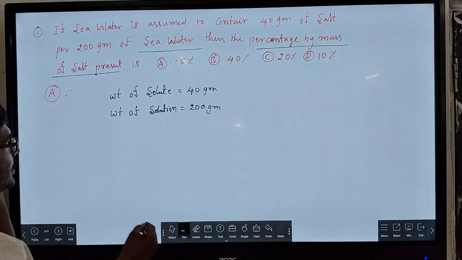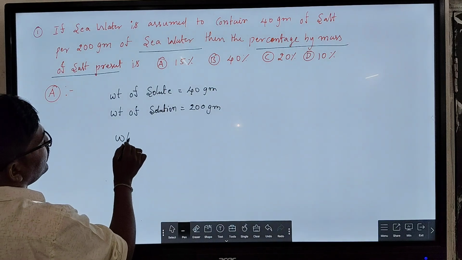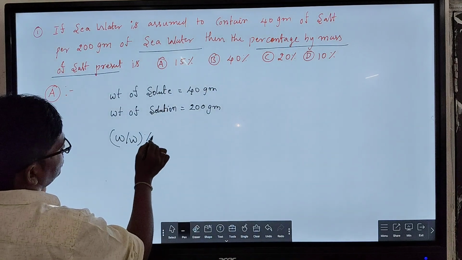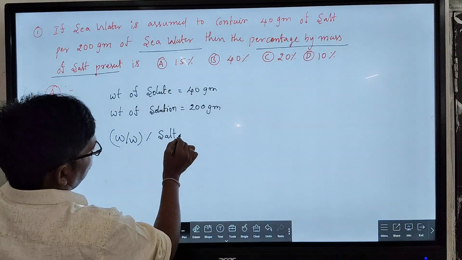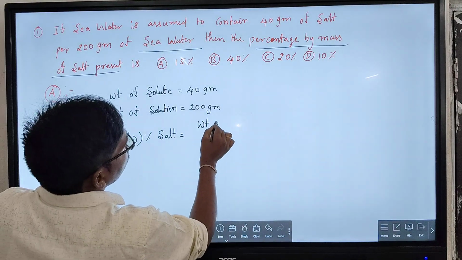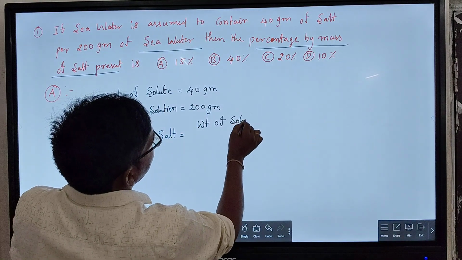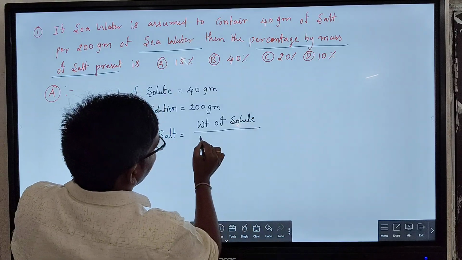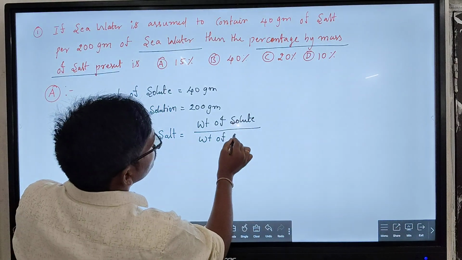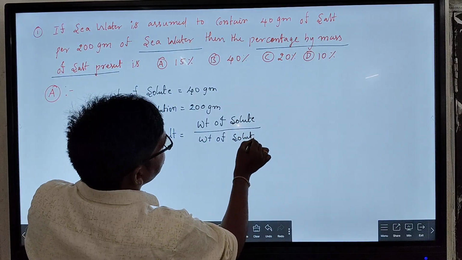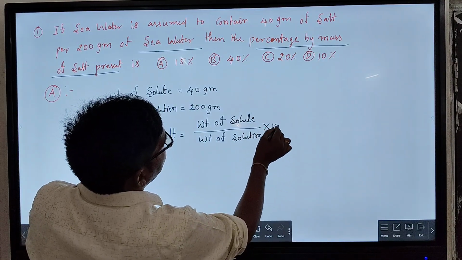Weight by weight percentage of salt is equals to weight of solute divided by weight of solution into 100.